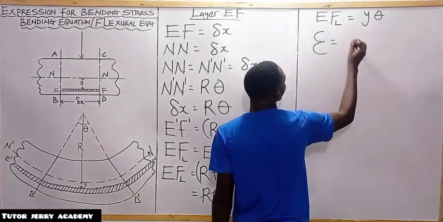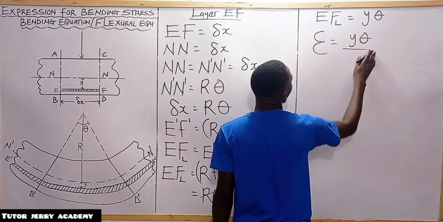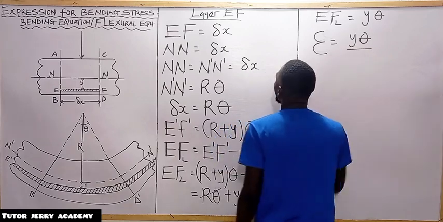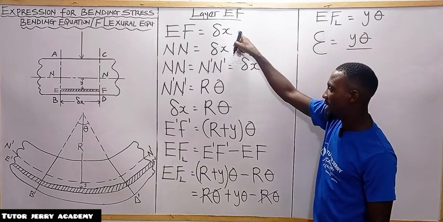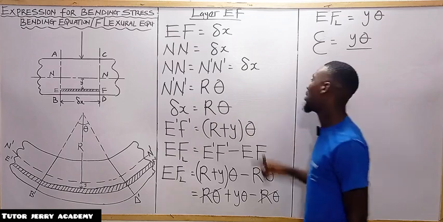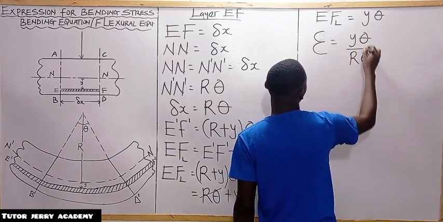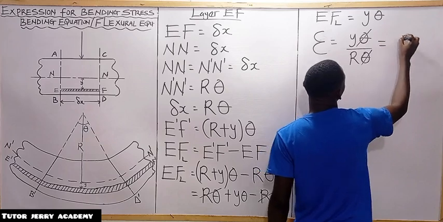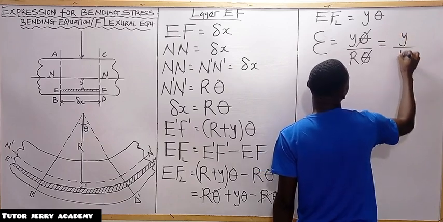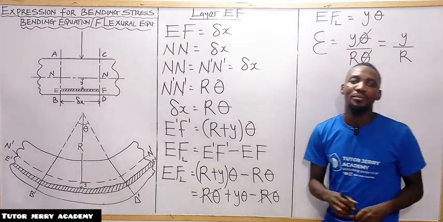So increase in length is going to be Y theta all over the original length. The original length of this layer EF is what? DS, but our DS is equal to what? R theta. So we are going to write R theta here. And if you agree with me, this will go with this. Then the strain is going to be what? Y over what? Over R. All right, so that will be the strain.